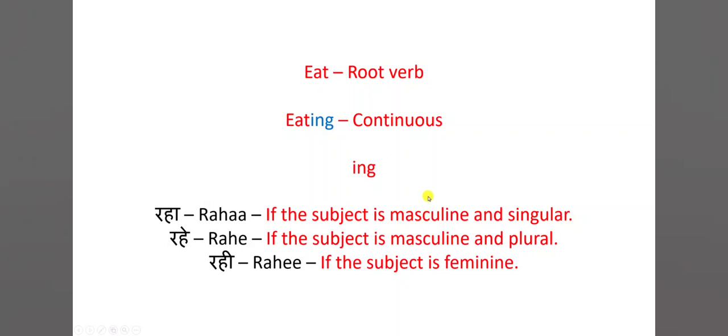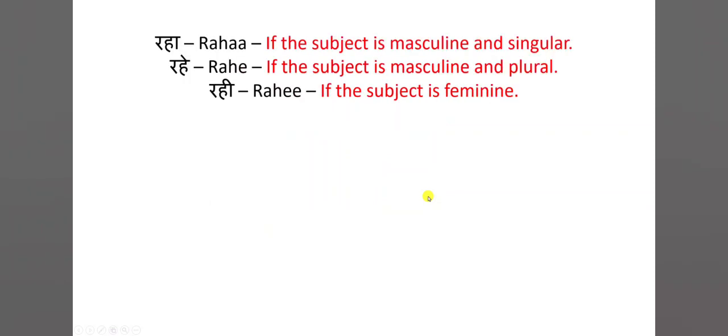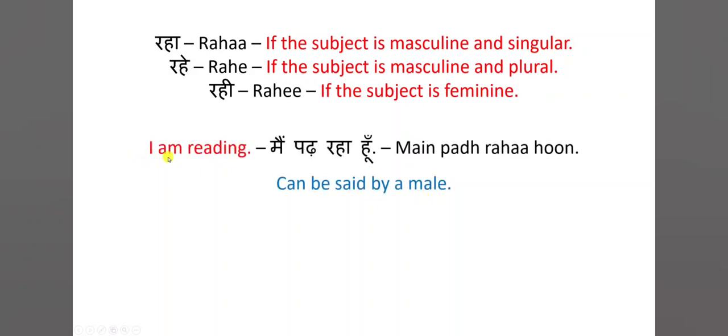Okay? Now, let me take one single verb and then explain it with all the subjects and then give you multiple examples. Alright? First, I am reading is मैं पढ़ रहा हूँ.